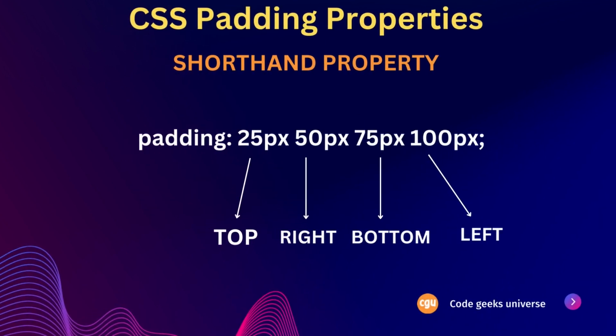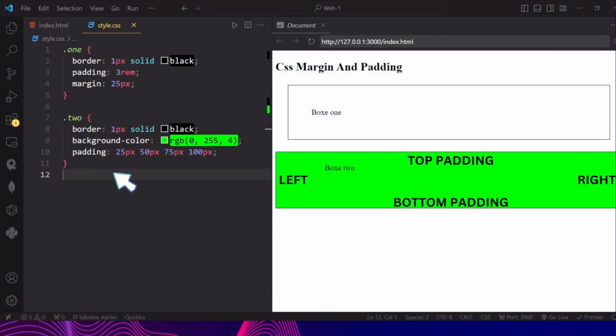If you want to make your code more concise, you can use the padding property to specify all the padding properties in one go. The padding property is a shorthand that includes the following individual padding properties: padding top, padding right, padding bottom and padding left. This allows you to set the values for all sides of an element's padding with just a single line of code.